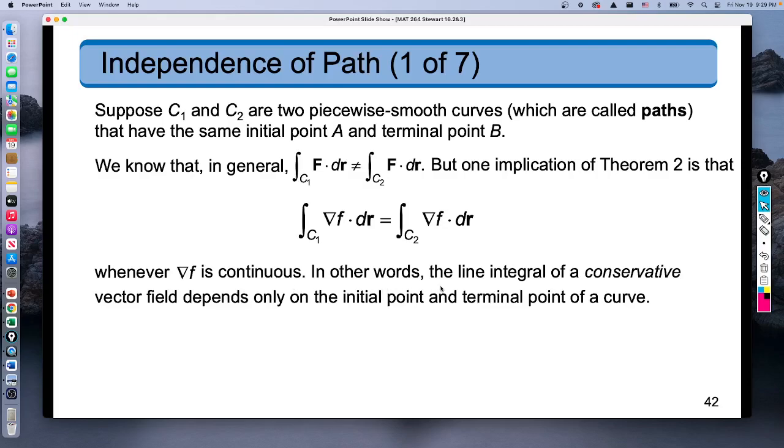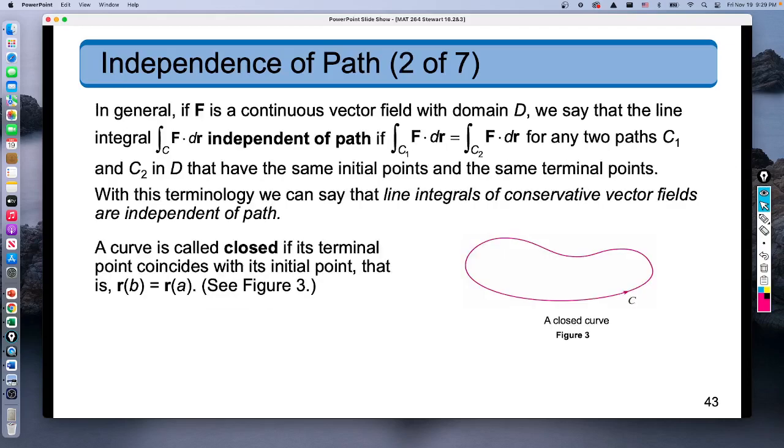So what that tells us is that the line integral is a conservative vector field and really only depends on the initial and terminal points. We'll find some ways to prove whether it's really a conservative vector field or not.